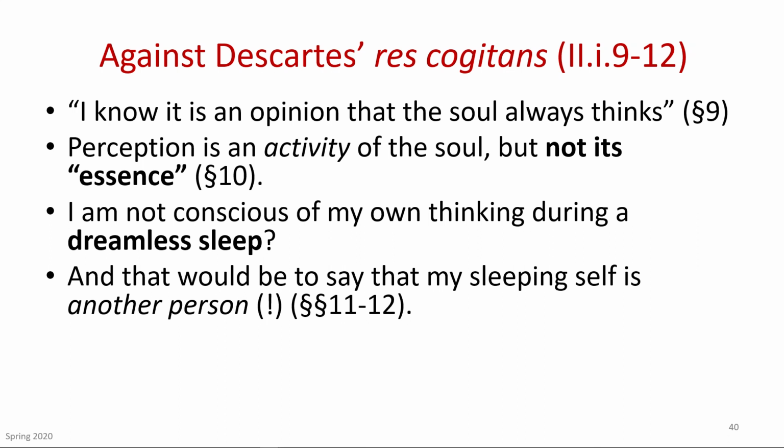Locke says that if you were to say that the sleeping person thinks but the waking person doesn't remember, then you'd have to say that there's this other person who's asleep. He's doing all the thinking. There's thinking going on. He's a person, right? He would say, I think, therefore I am, and all of that, asleep though. But that would then, Locke says, be a different person than the waking person.